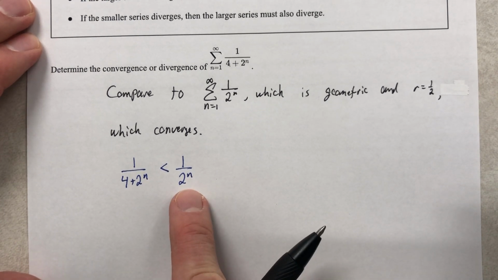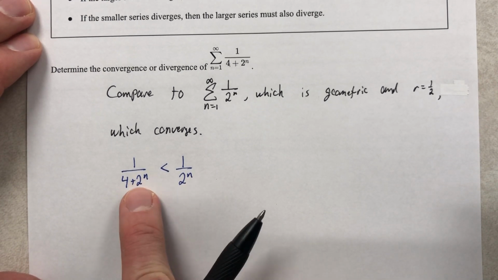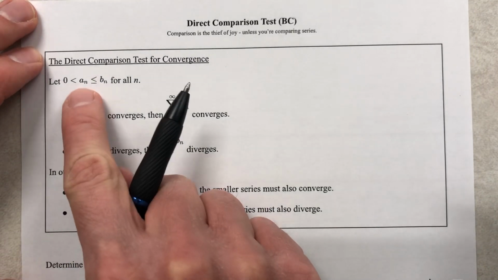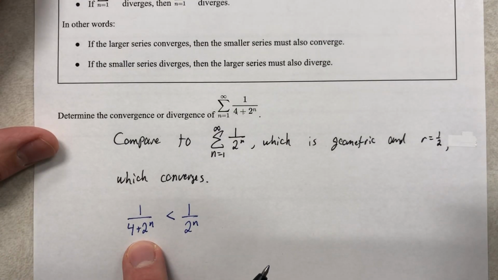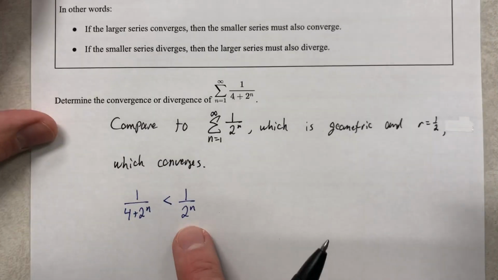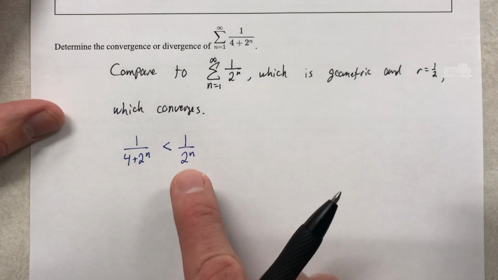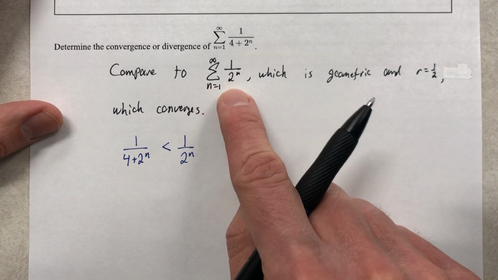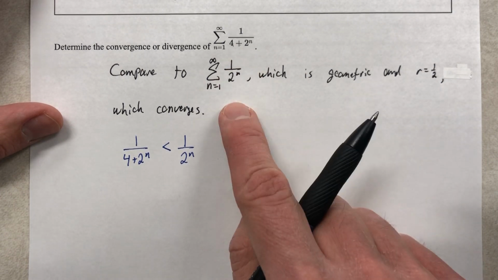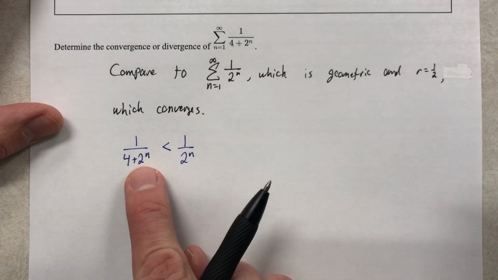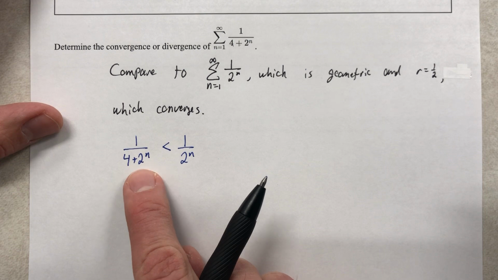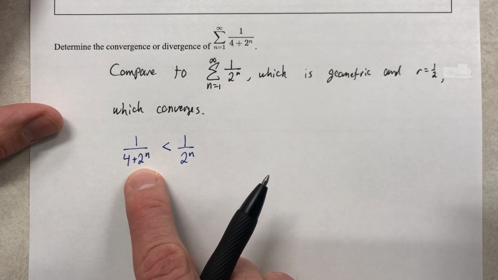We have decided which one's bigger. Therefore, based on what we have up here, a sub n, that's A, that's B, and because the one we made up that looks a lot like it converges, then the smaller one must also converge.